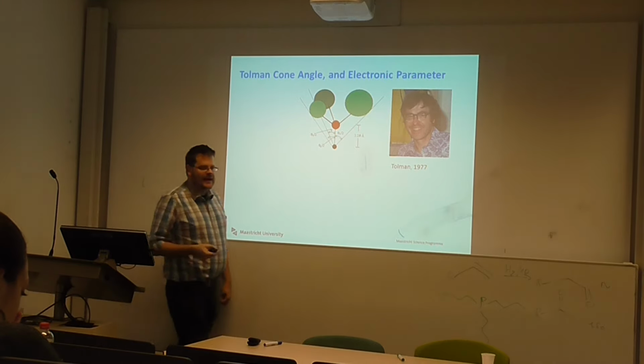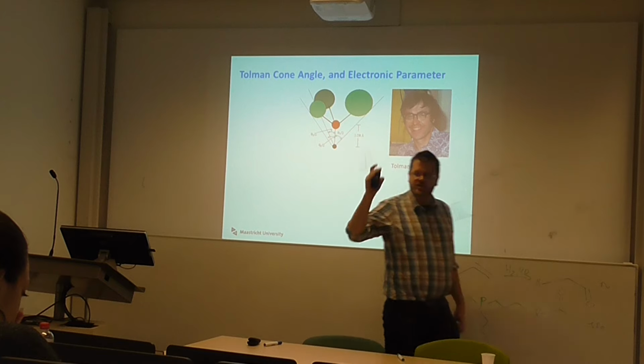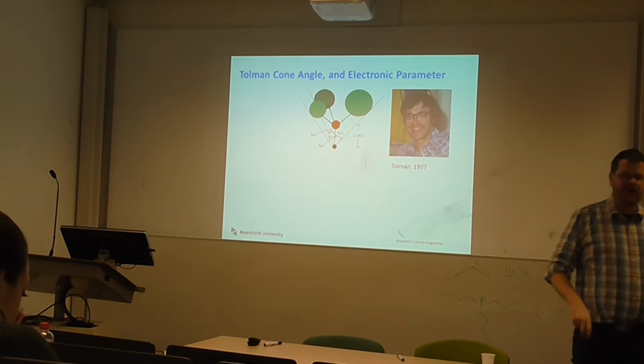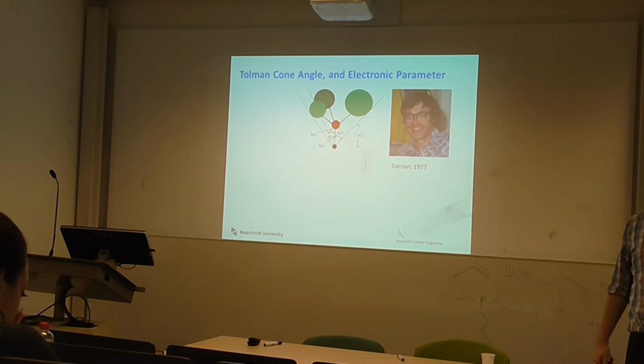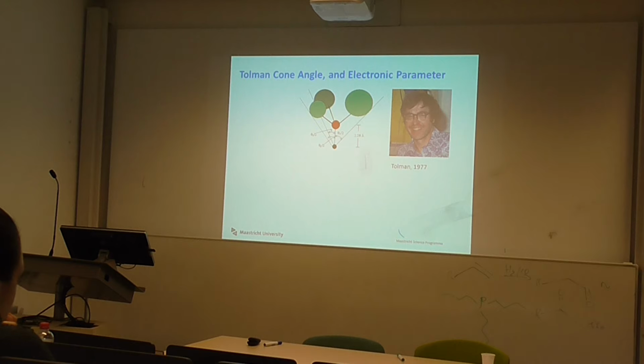That distance was selected because they looked at all crystal structures of phosphines and found that that was the average distance between a metal and a phosphorus atom. Then you take the substituents on the phosphorus, phenyl, butyl, isopropyl, whatever, and you draw a cone around it, and the angle of that cone is called the Tolman angle.